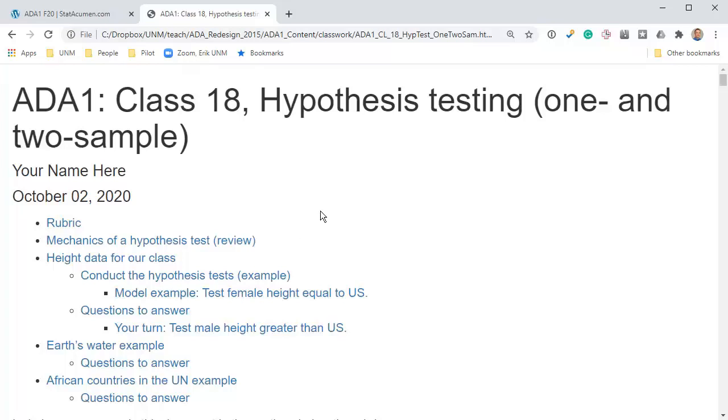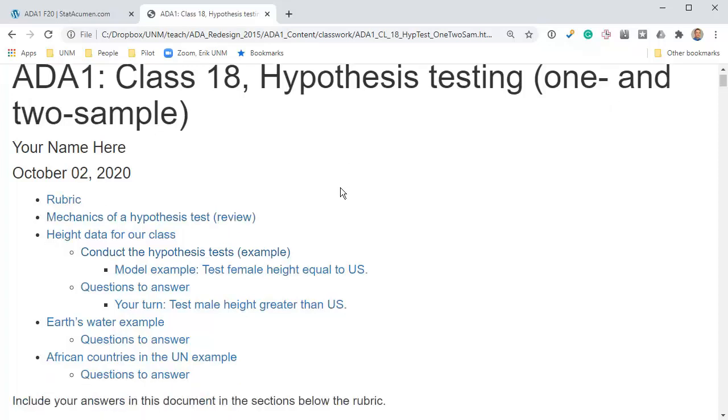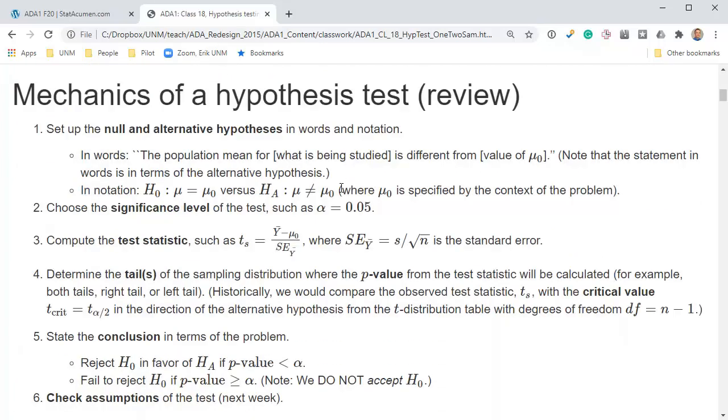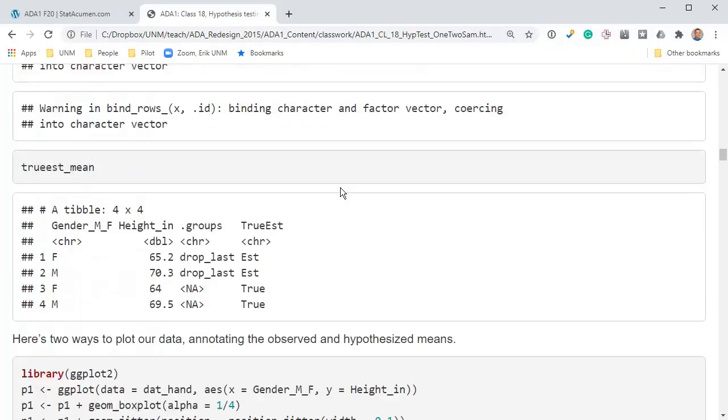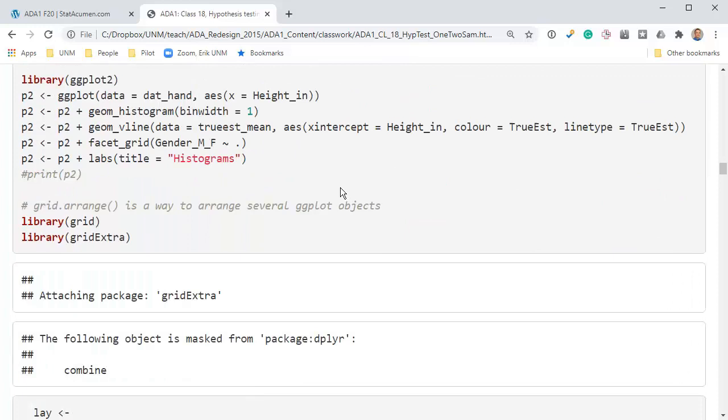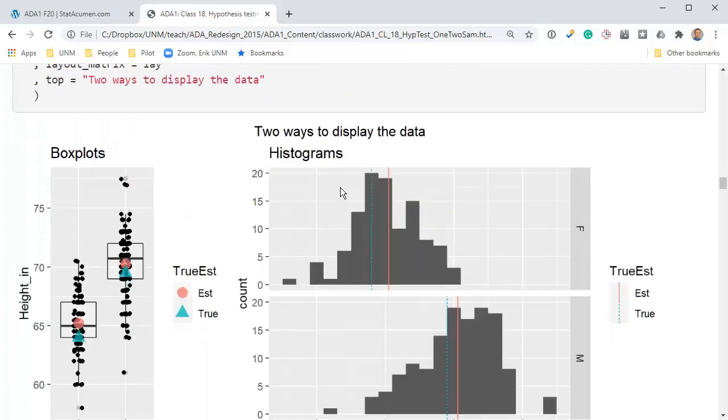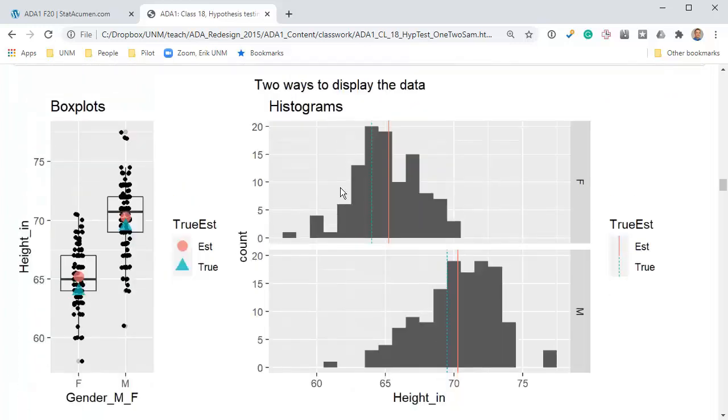Last time I also talked about how to conduct the hypothesis test, the mechanics of the hypothesis test, which is review from the notes. And we've looked at all the data set for the handspan data. Okay. So let's start here today in this video.